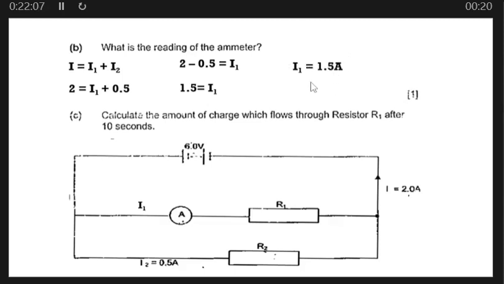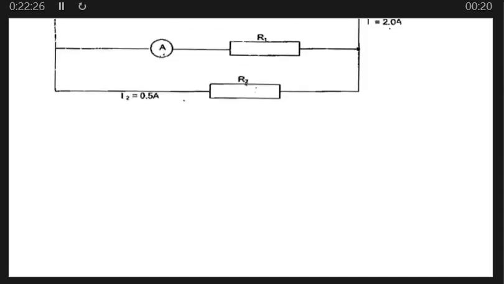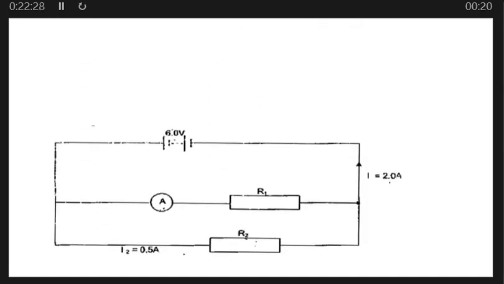So meaning the current represented by I1, or the one being read by the ammeter here, is 1.5 amps. Okay, so let's go to another question. So I had to put some added questions so that I can add more concept to this lesson.